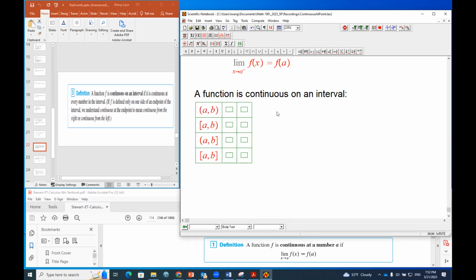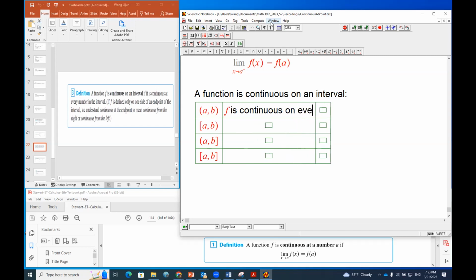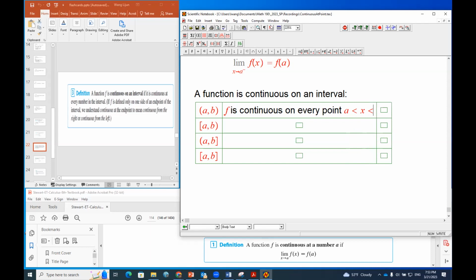So the function is continuous on every point, a less than x less than b.